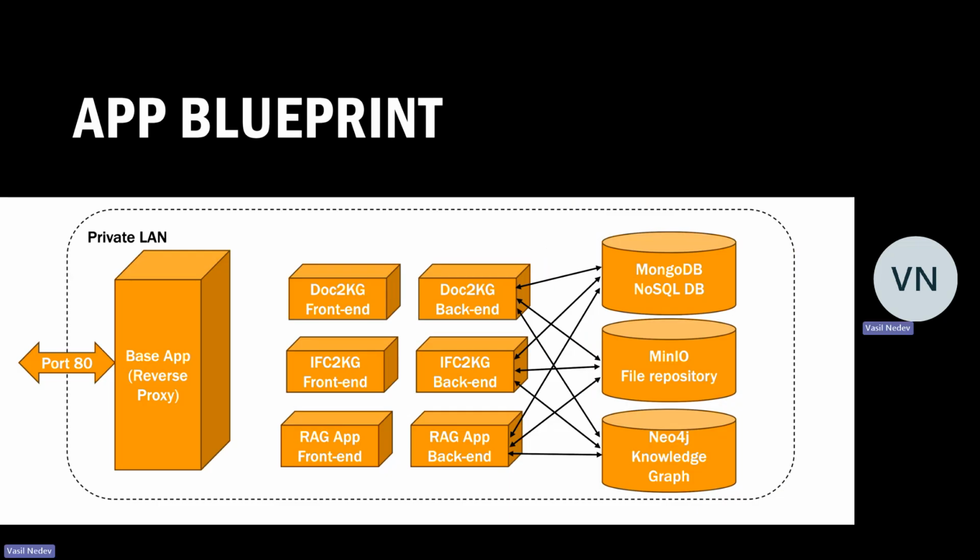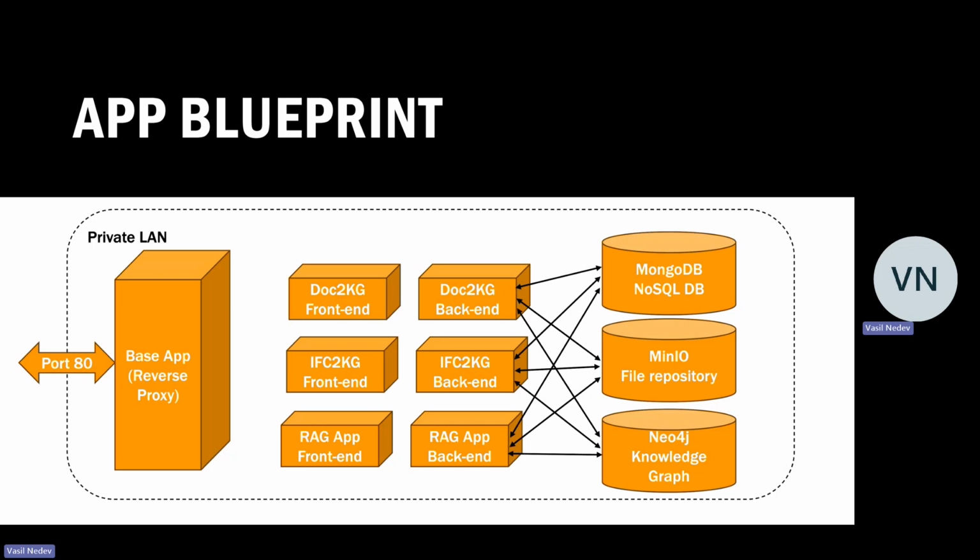Okay, to explain the whole system from a technical perspective, it is microservices. It will be using microservices within Docker containers. And the whole application is split into three main pipelines.